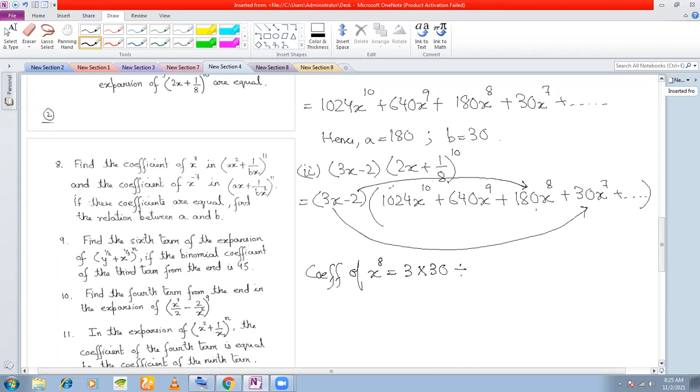After multiplying, you'll be adding these two and then getting the coefficient of x to the power of 8. So therefore plus minus 2 into 180. This is the coefficient of x to the power of 8. So this is 90 minus 360, which is equal to minus 270.